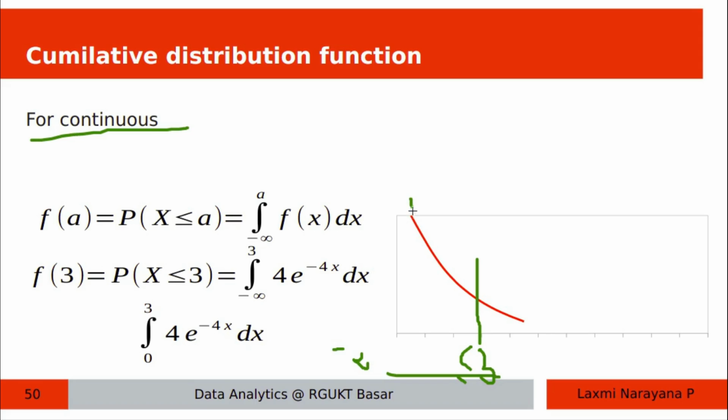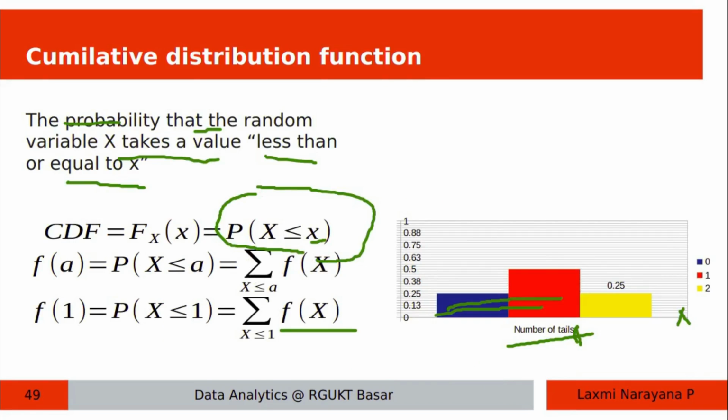If values are not there for minus, and it starts from 0, you integrate from 0 to 3. This curve equation is this one. You have to integrate this curve and you will get this area. Means this cumulative distribution function can be applied for continuous random variables as well as for discrete random variables.